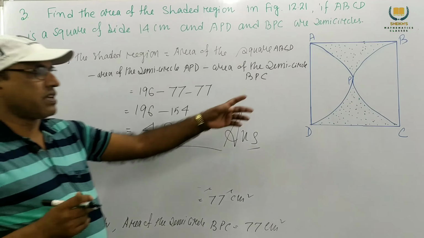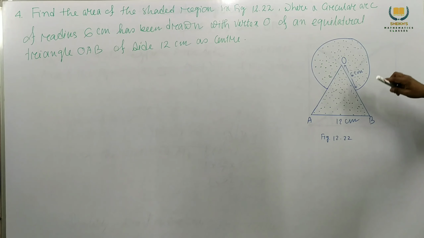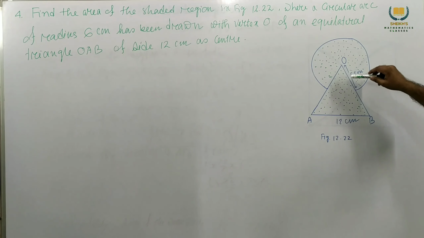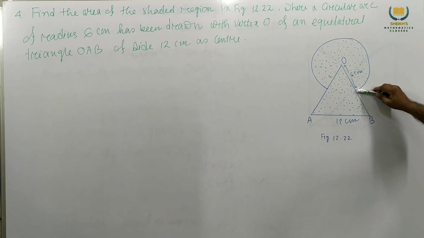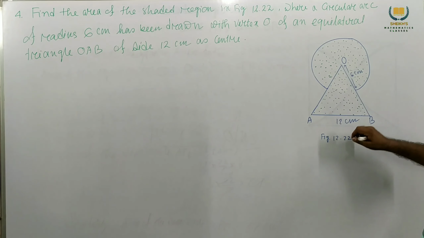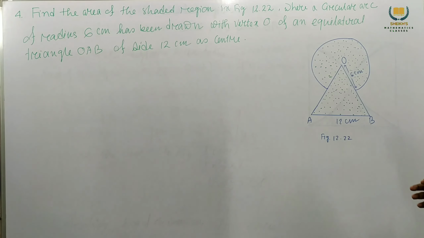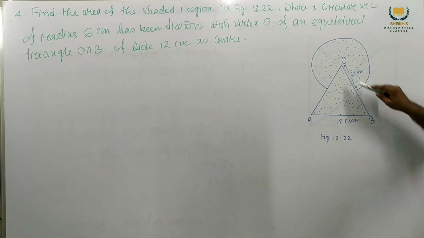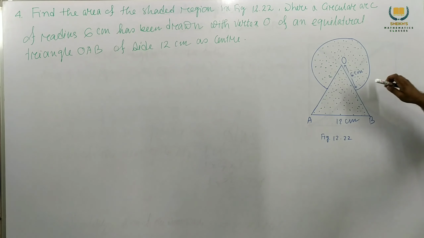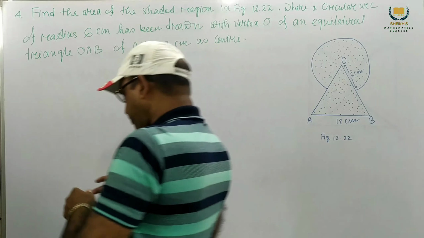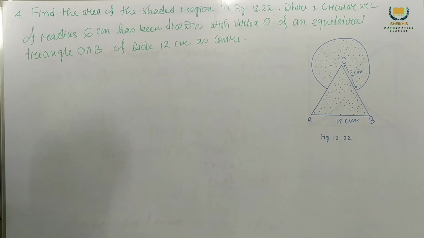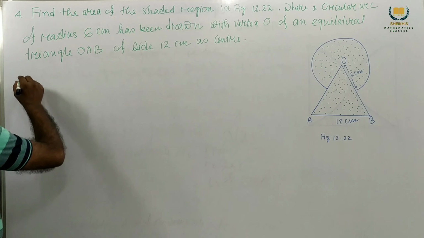We have to find the area of the shaded region, and this is a circular arc whose radius is 6, and this is an equilateral triangle whose side is 12 centimeter. For finding the shaded region, we know the area of the equilateral triangle and the area of the circle, and we subtract this small portion from this total. So first we have to find the area of the equilateral triangle.